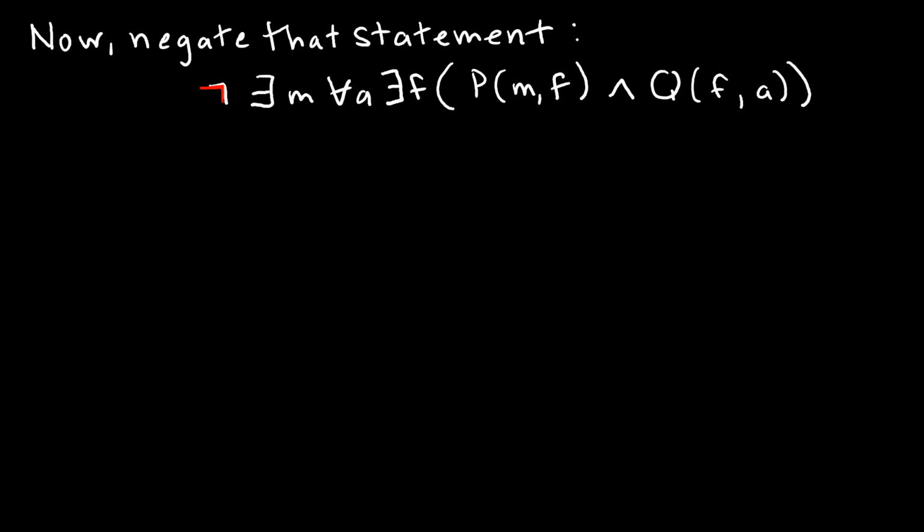So I'm going to start by replacing this with for all M, and then not everything else. So not for all A, there exists an F, etc. All of this remains the same.